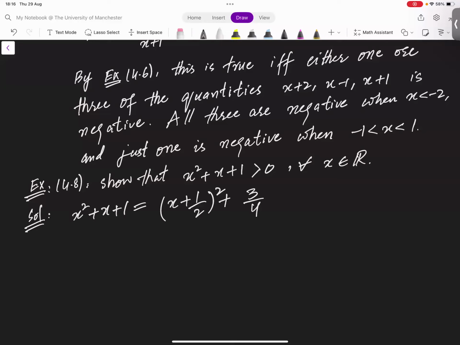You can write it by using the completing square formula.